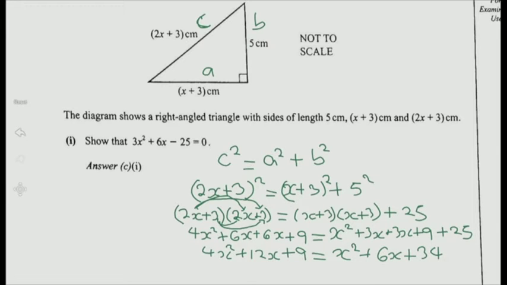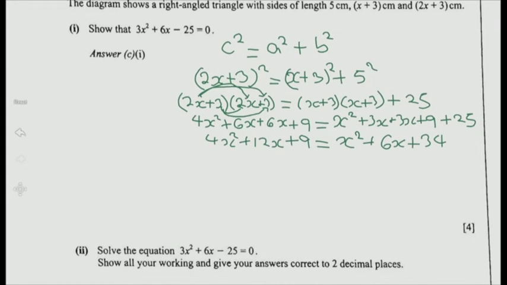Then taking these terms across, because in our equation we have 0 on one side, you subtract the x squared both sides, and that 6x we have to subtract both sides, and that 34 has to cross to the other side. So we'll get minus 34 there.